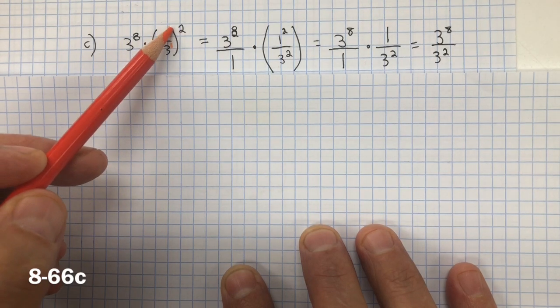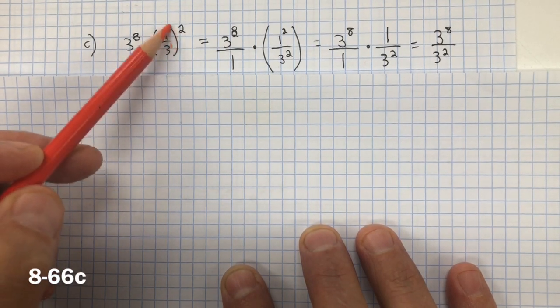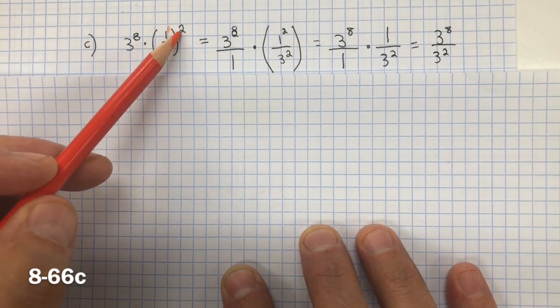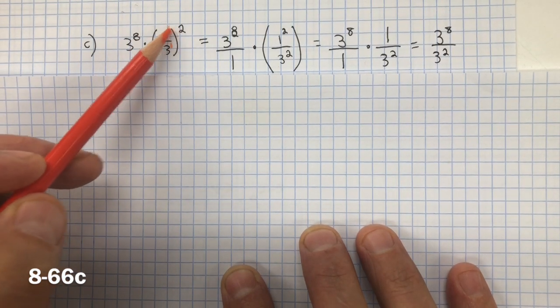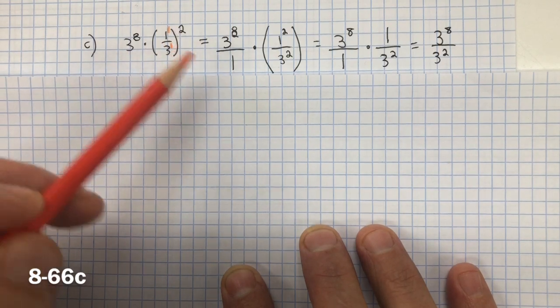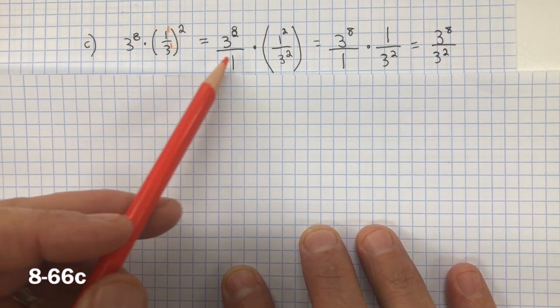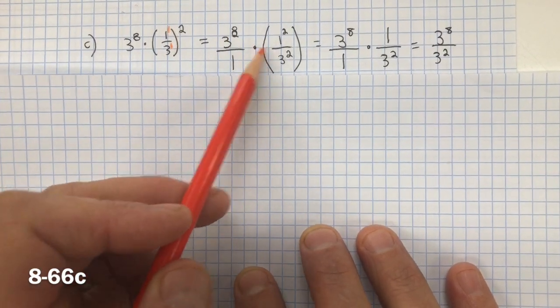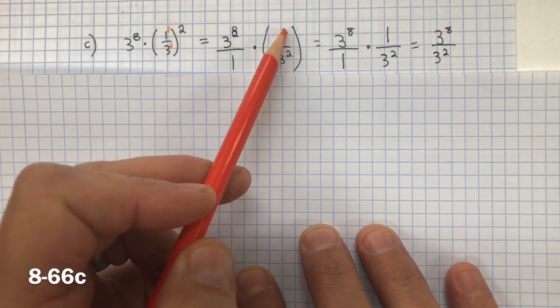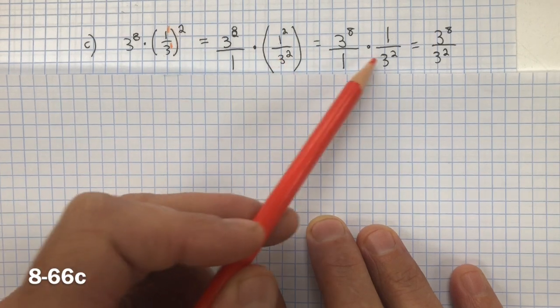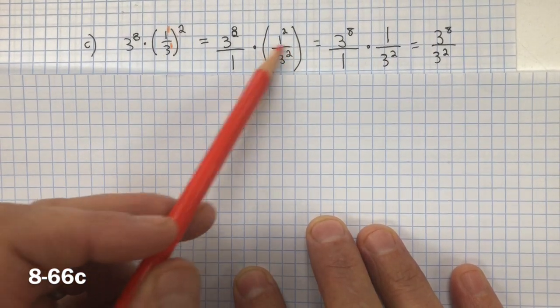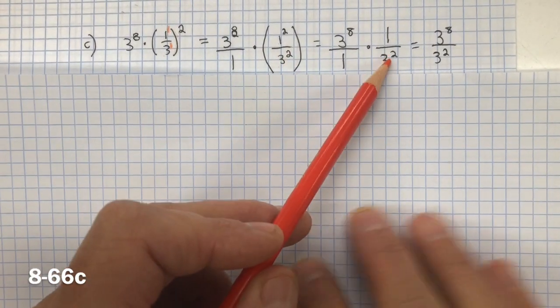I always like to remind myself, if I have a parenthesis and a number right next to the parenthesis, that reminds me to multiply. So I'm multiplying those exponents. Now I have 1 to the second power, which equals 1, and then 3 to the second power. I'm not going to simplify this yet, and you'll see why.